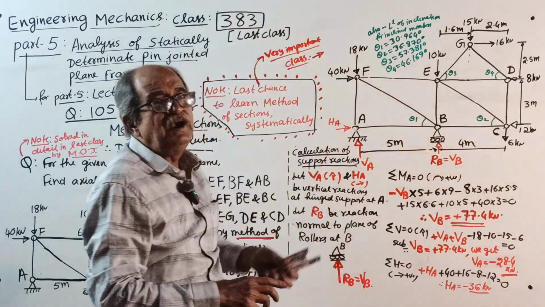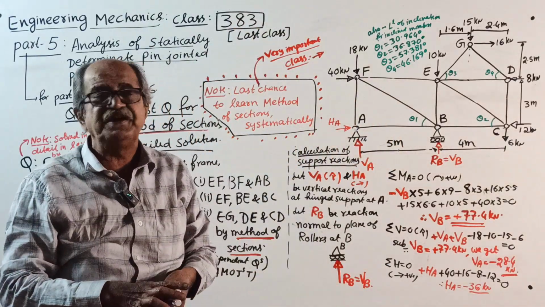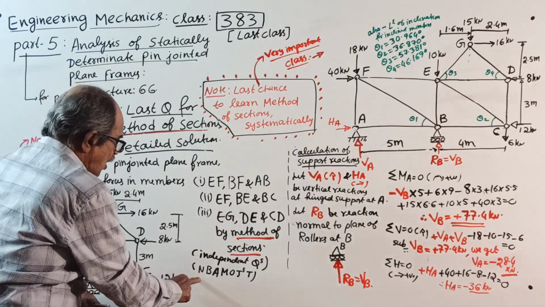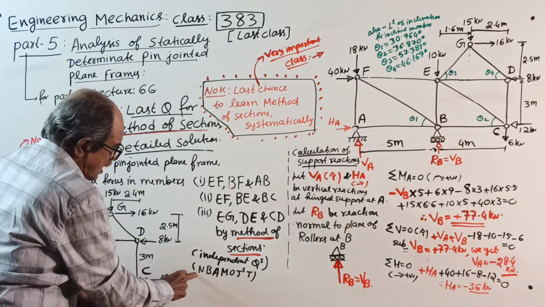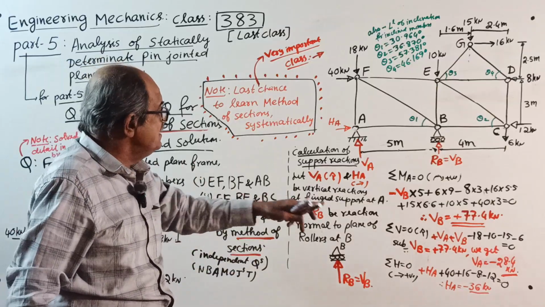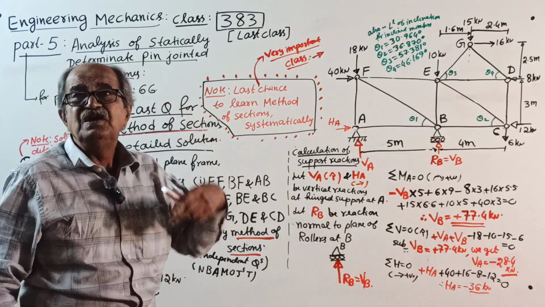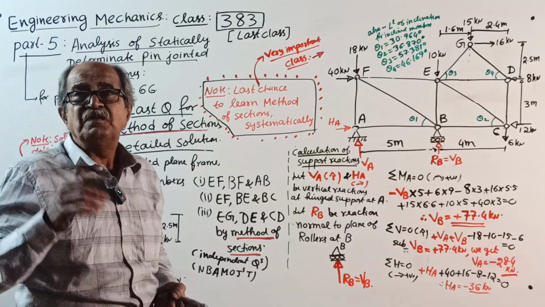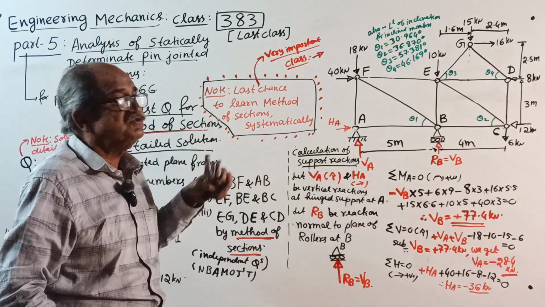See, I told you it is an independent question for the method of sections. I told you, never bother about the method of joints today. Since this question is already solved, you need not bother. But I have to bother because the answer has to come correct.